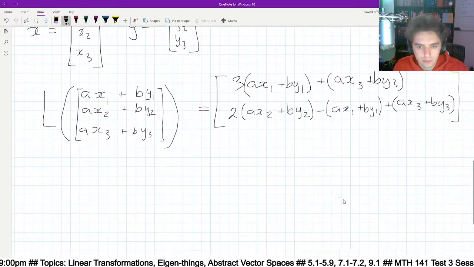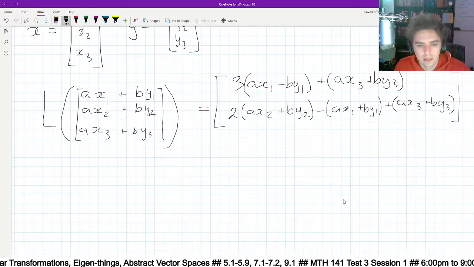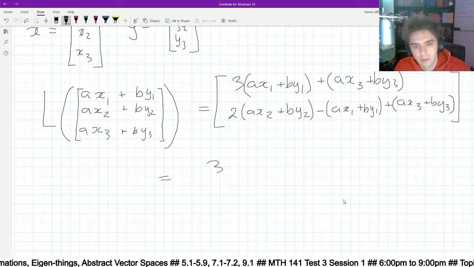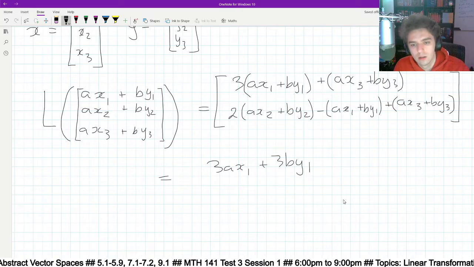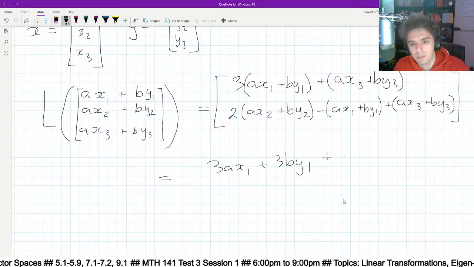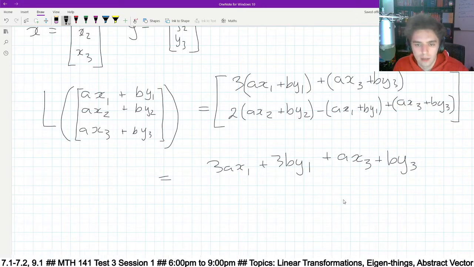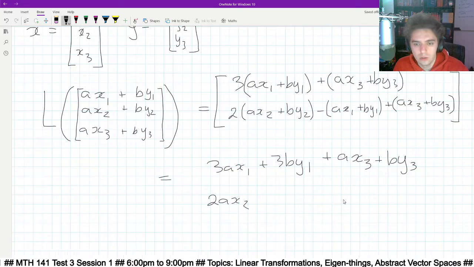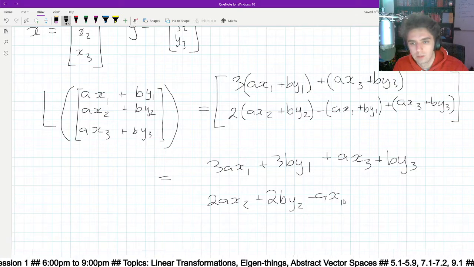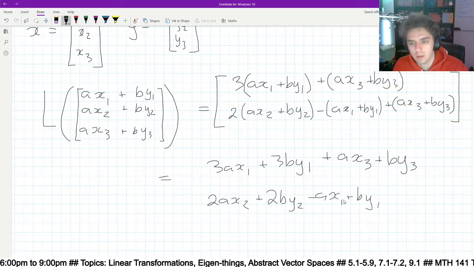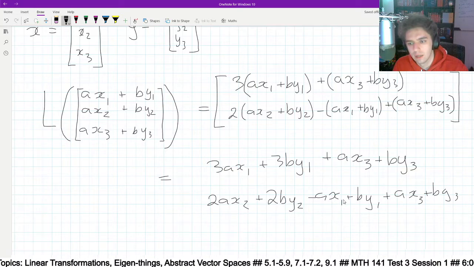If I multiply this out, on the next line it's going to be 3ax1 plus 3by1, plus ax3 plus by3, 2ax2 plus 2by2 minus ax1 plus by1 plus ax3 plus by3.